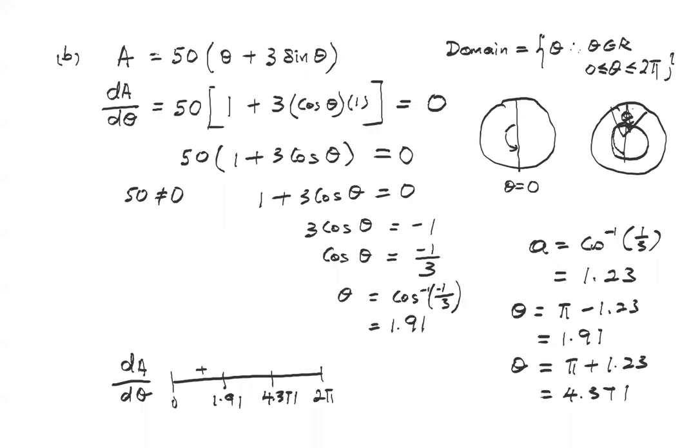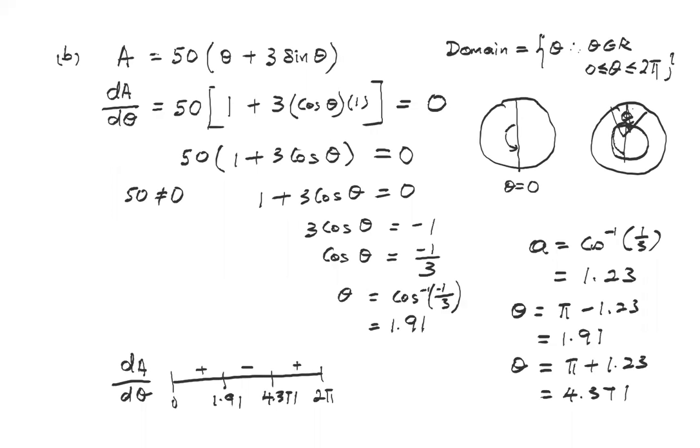Then between here, I put 1 plus 3 cos 3. I hope you all are doing it. I got negative. Then the other one, I change to 5. And I got positive, right?